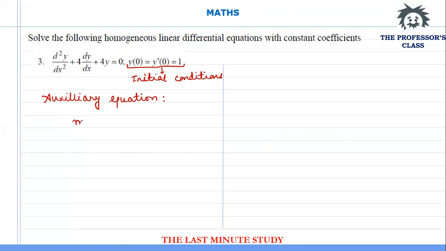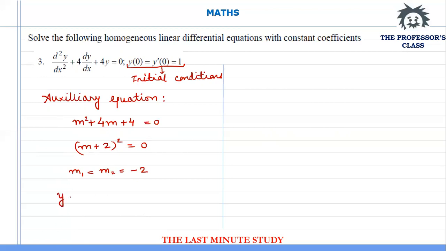So you will be left with m square plus 4m plus 4 equal to 0. Now, if you remember the formula of a plus b whole square, it is applicable over here, and you can simply find out that this is equal to m plus 2 whole square. So here also the roots m1 and m2, both of them are equal to minus 2.